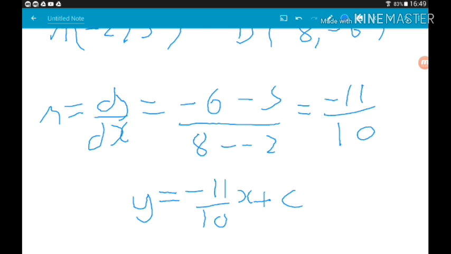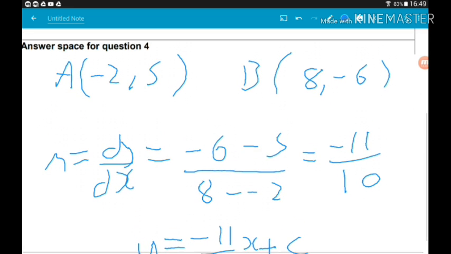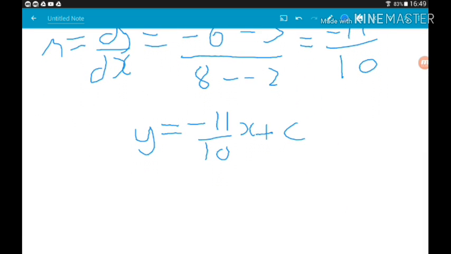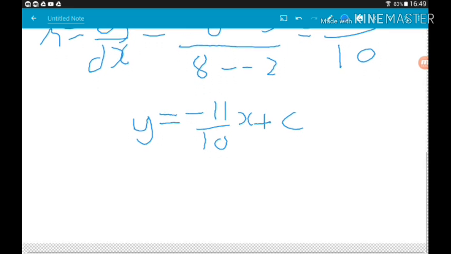Now we need to find the value of c, so we substitute in one of our sets of coordinates. I'm going to go for -2, 5. That tells us when x is -2, y is 5.